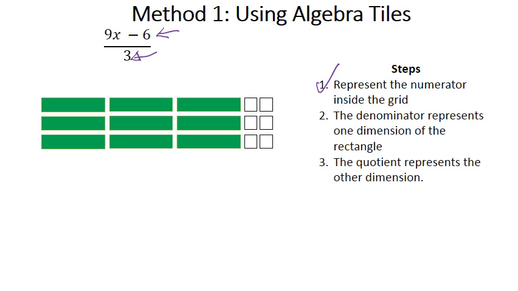Well, the side that's going to be represented by a 3 is this side here, and I know it represents a 3 because it's divided evenly into 3 equal parts. So now I have represented one dimension along one side of the rectangle. The quotient, or the answer to my division problem, represents the other dimension. So whatever goes along the top here will be my quotient, or my answer.